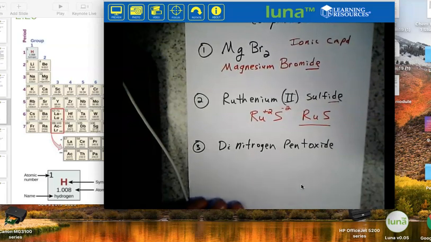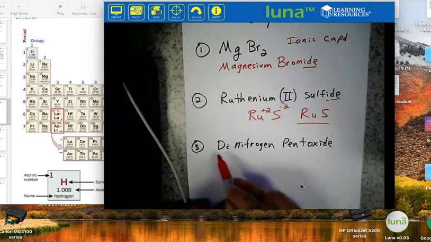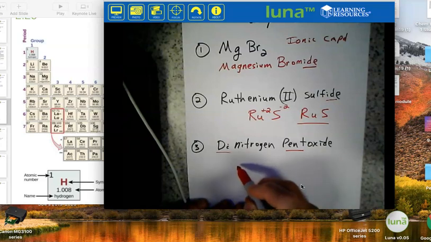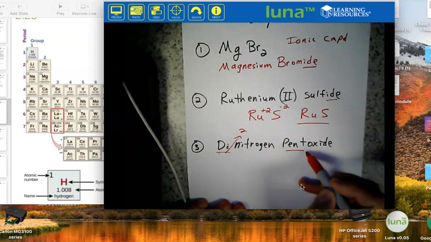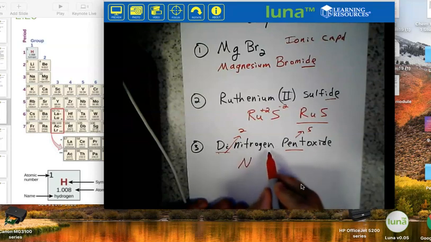All right, for the third one here, we have another name written, and I'm trying to write the formula for it. Here you notice we have prefixes that indicate the subscript number, and the prefix di is 2. For penta, it's 5. So all I have to write is the symbol for nitrogen.